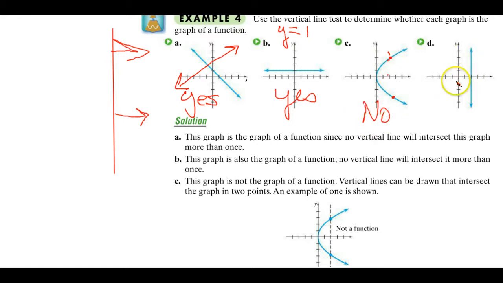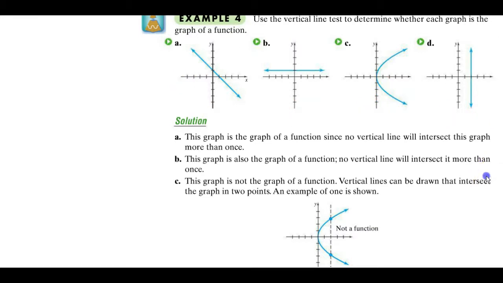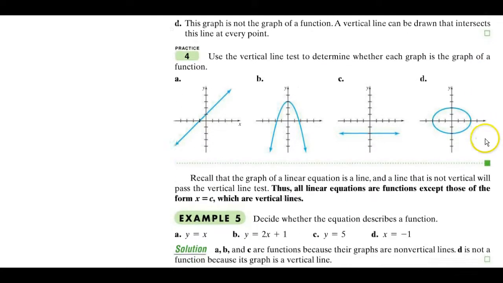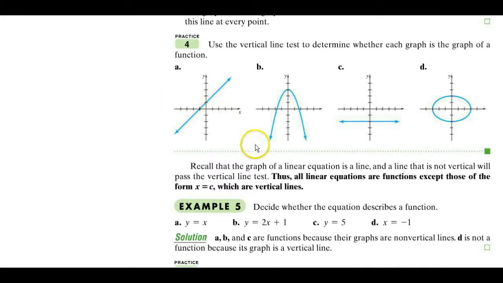Now how about the vertical line, which is x equals 2? Well, when the vertical line comes over this, it intersects in an infinite number of places. So this is no. So we're thankful, something relatively easy. And these, positive slope, let's just do these.